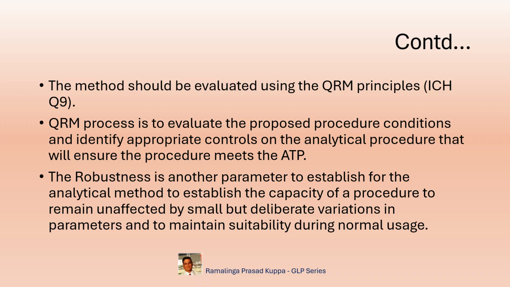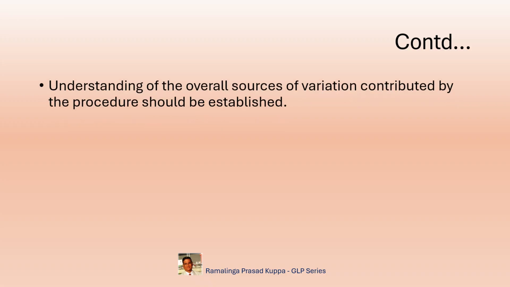Robustness is a parameter to ensure that the method works well even if there were accidental unintentional variations in the controls. Understanding of the overall sources of variation contributed by the procedure should be established. The variations are best evaluated by statistical variability tests with the data sets.